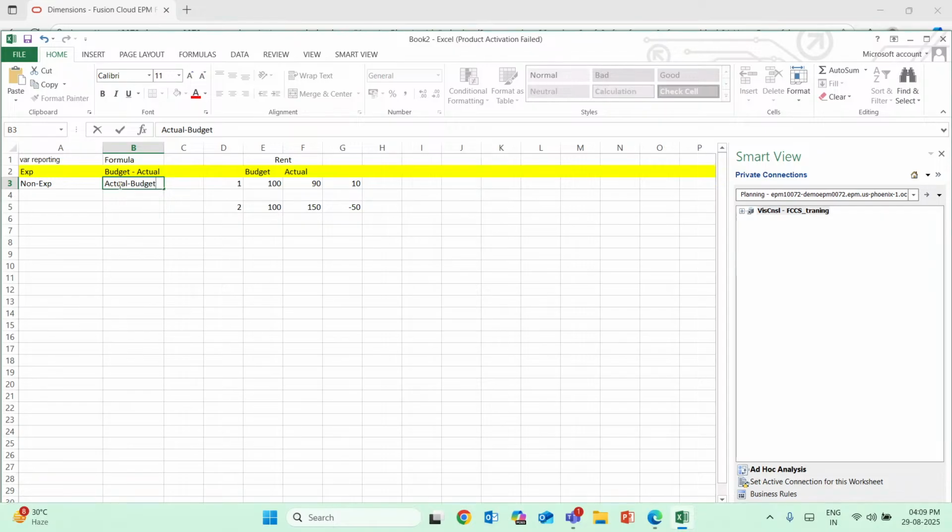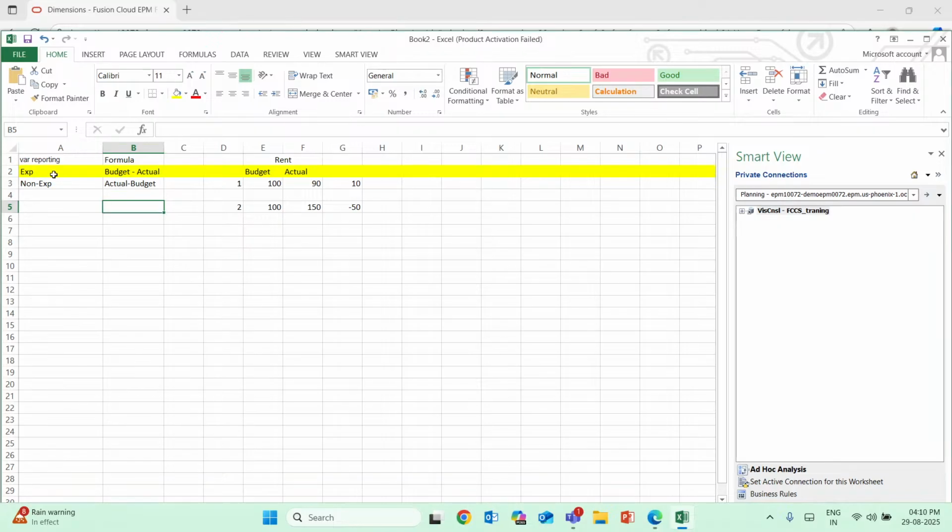So it depends on what I provide as a variance reporting. I don't think I have to explain this formula, because non-expense is just the reciprocation of the expense, right?